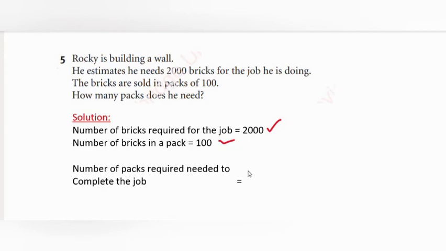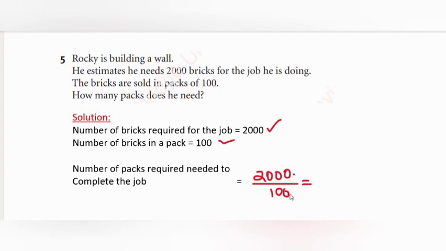So what we have to do, we have to divide 2000 by 100. Actually the decimal point is here on the right side of the end of the digit.